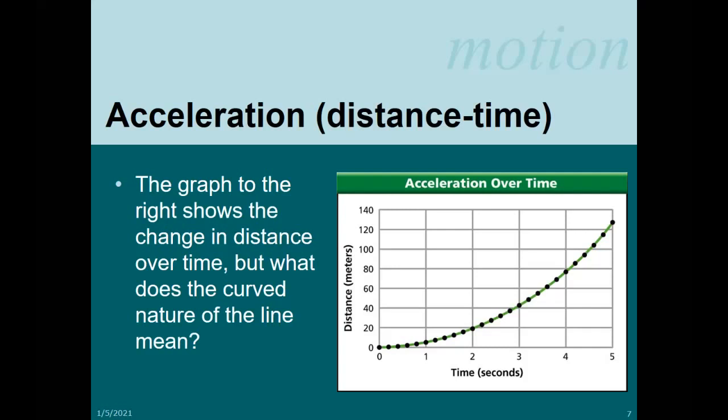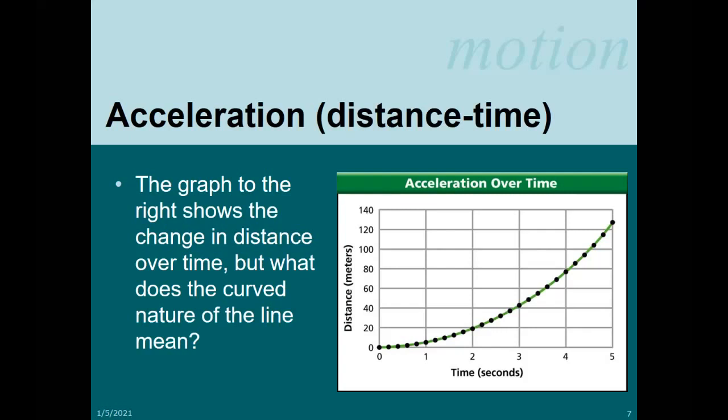Now, what if it's curved the other way? Well, we are slowing down. And so there's still an acceleration, but it's a negative acceleration. And you may often hear the term deceleration, but remember when we talk about deceleration, it's simply a negative acceleration. So you're applying the brakes to your car as you're coming to a stop.